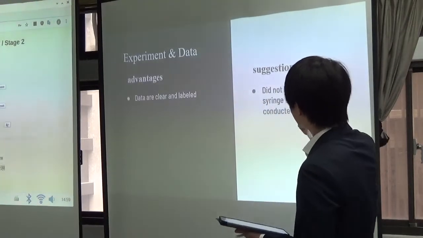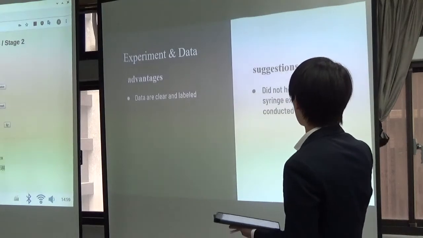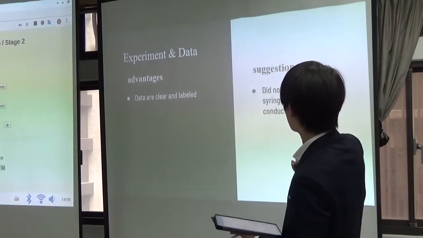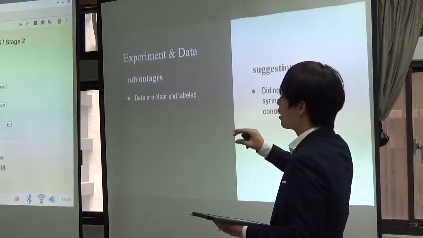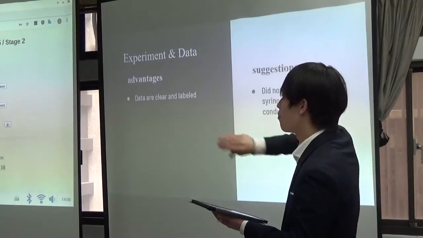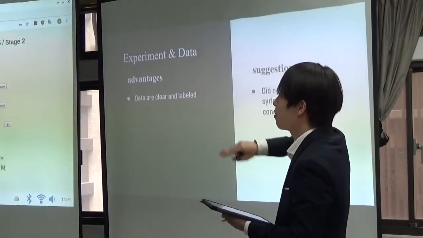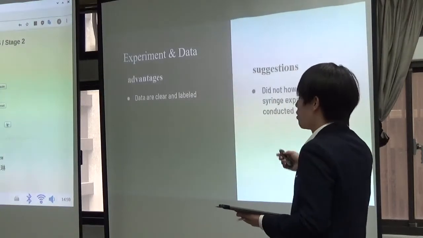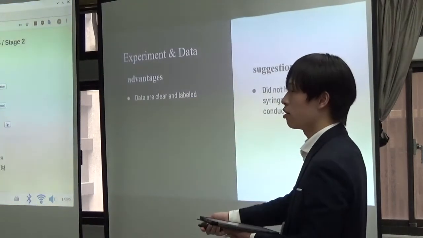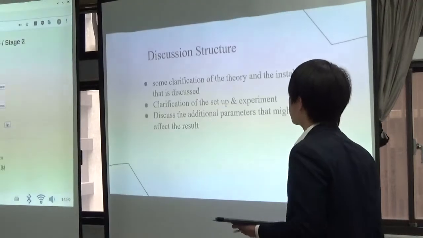Suggestions would be that they did not show how the sideways syringe experiment is conducted. And they didn't actually control the initial velocity given by the syringe to the particles, which is a very big error in their experiment.